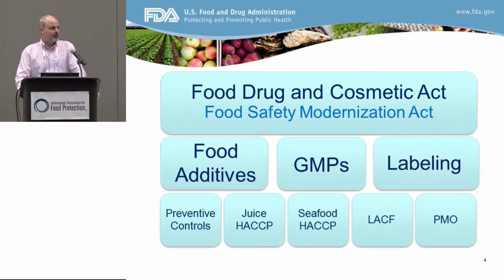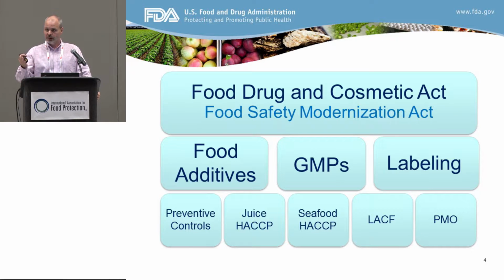When we look at the acts, they're really the overarching part of this, right? For anyone who has been in a facility who has received a 483 for noncompliance, there's nothing in that record that tells you you didn't meet this aspect of regulation X, Y, Z. It will have said you made an adulterated food and you're not in compliance with the Food, Drug, and Cosmetic Act.